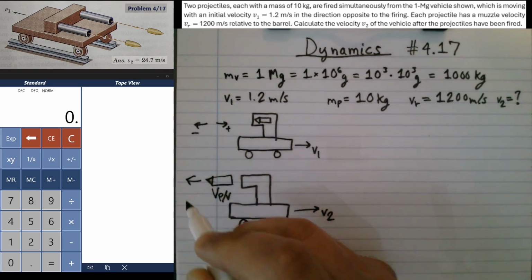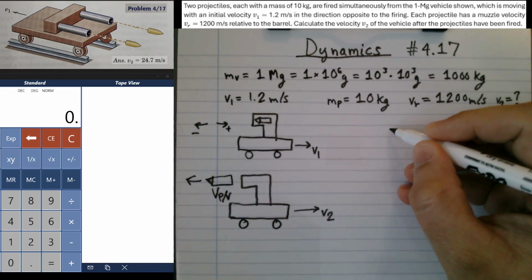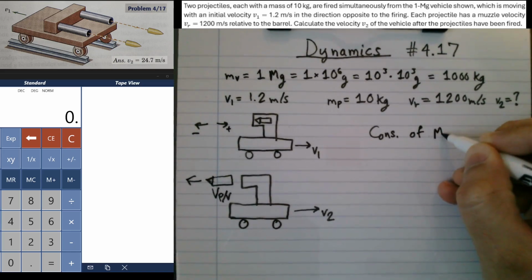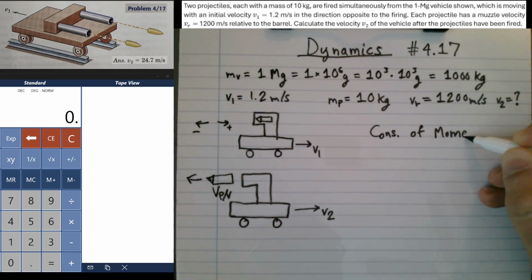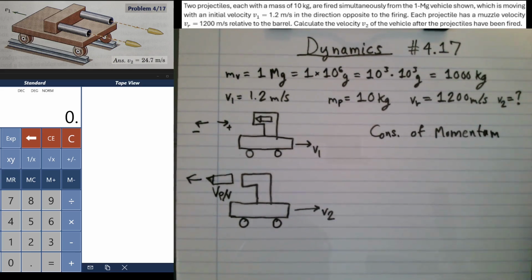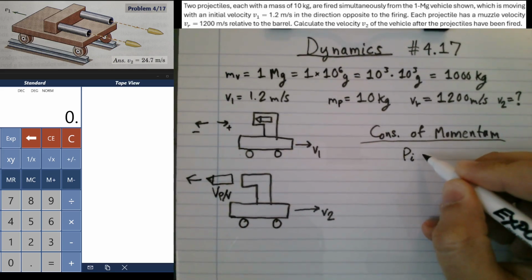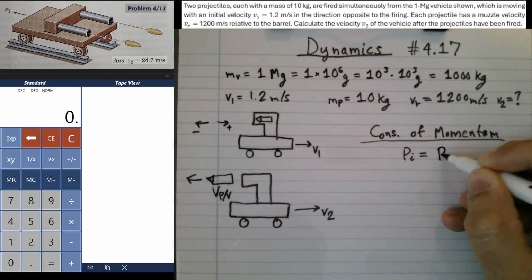And so I'll go ahead and draw a projectile here, with its velocity. Now, in order to solve this problem, we're going to have to use conservation of momentum. Conservation of momentum tells us that the initial momentum in the system is conserved, and it's equal to the final momentum in the system.